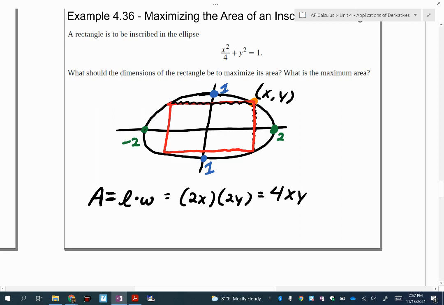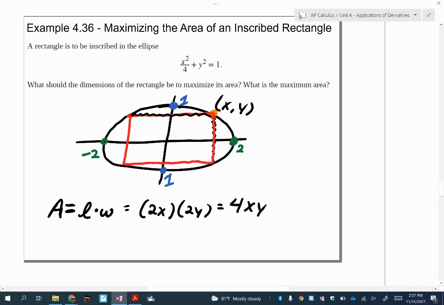Now, unfortunately, I can't really move forward with this because I have 2 variables. So what I want to do is use this ellipse equation up here and solve for y. So y squared equals 1 minus x squared over 4. Taking the square root of both sides, you get y equals the square root of 1 minus x squared over 4.